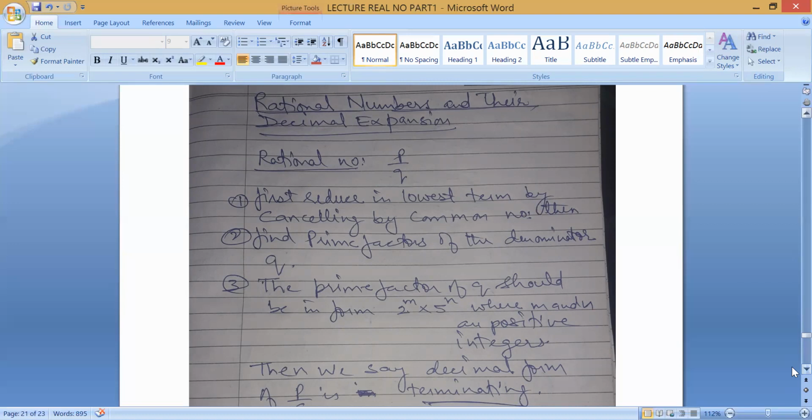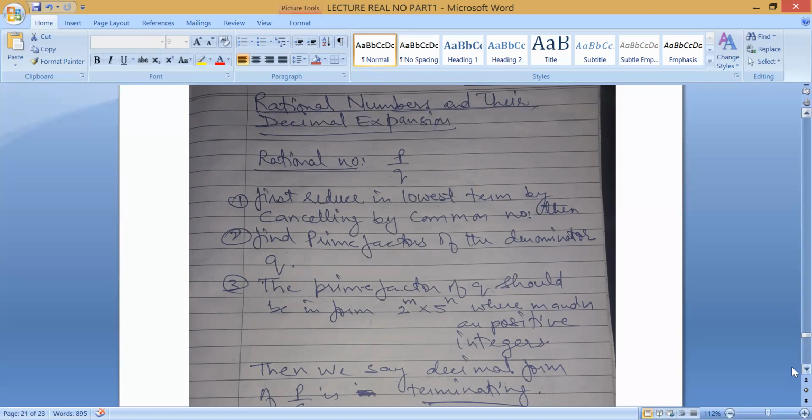So what you will say? P divided by q. Now generally we have the long division method and by that you divide. But here the question is that without the long division method, you have to find whether the decimal expansion is terminating or not.